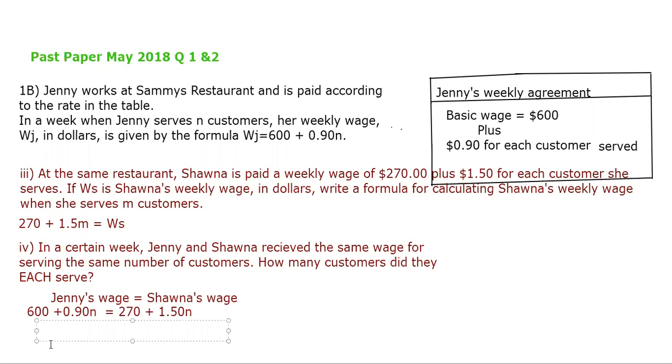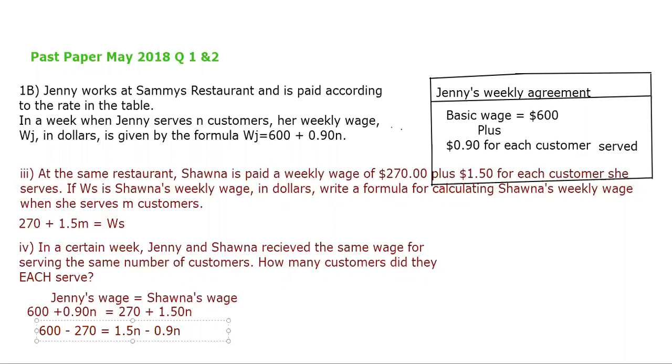So we would want to maybe say 600 minus 270 equal, right? 1.5 n. Good. We want the terms to be like terms. So that's why I changed the m to n, right? Because we want it to be like terms in order for it to be feasible, right? So 1.5 n minus the 0.9 n.